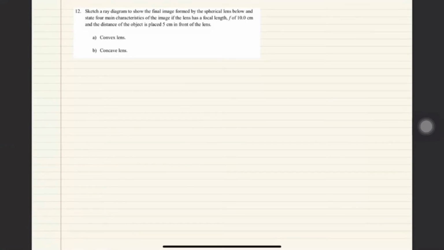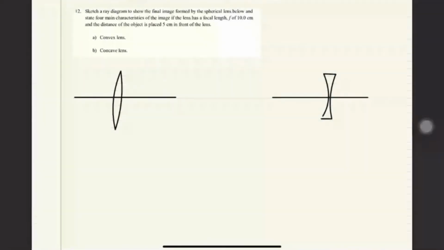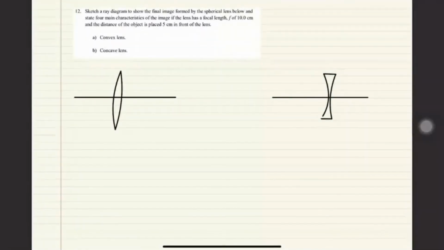So basically, kamu punya objek tu, kalau untuk convex, okay, itu, so dia kata F dia adalah 10, U dia sama dengan 5 cm.